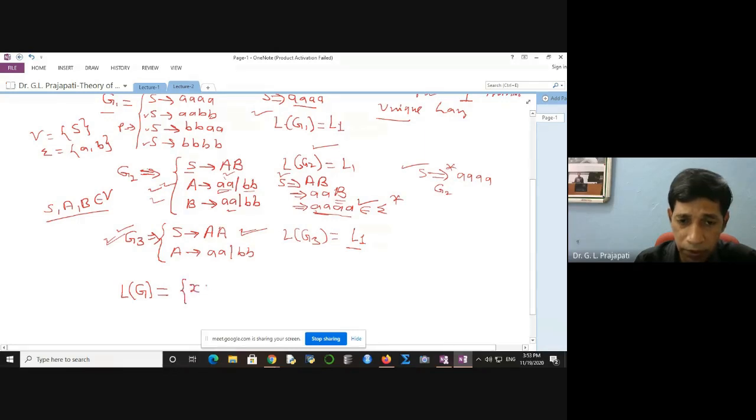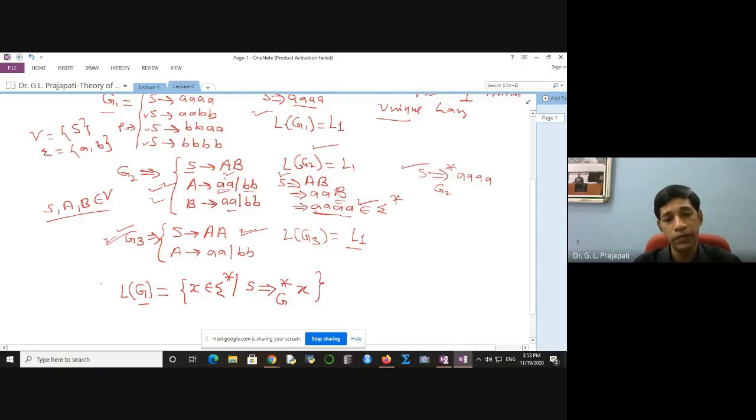It is the set of strings x taken from sigma star, such that starting from the start symbol S and using the rules of grammar G, there is a way to derive the string x.